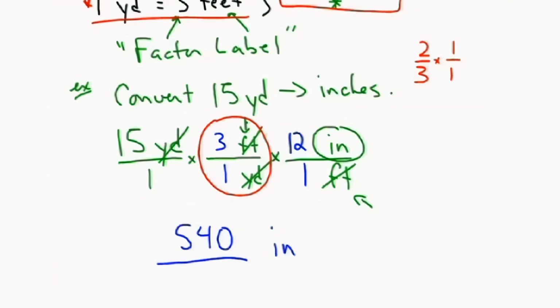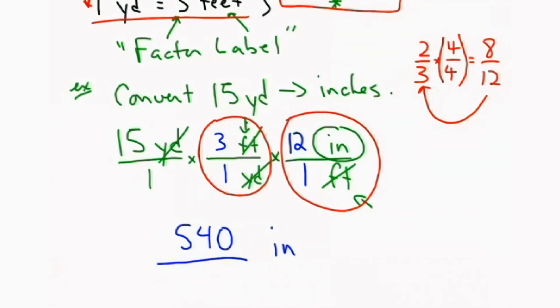But if we multiplied by 4 over 4, which is still equal to 1 by itself, and we multiply straight across, we would get 8/12. Well, 8/12 is exactly the same as 2/3. So this whole factor label idea is similar in that really these numbers that I have in the red circles, even though the numbers aren't equal to 1, because the measurements are equivalent, it all works out the same.